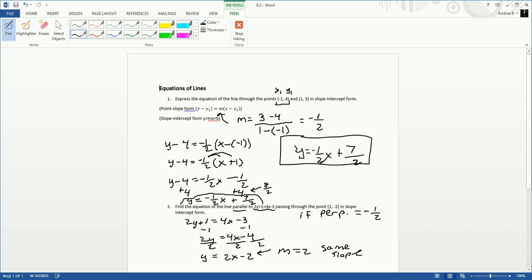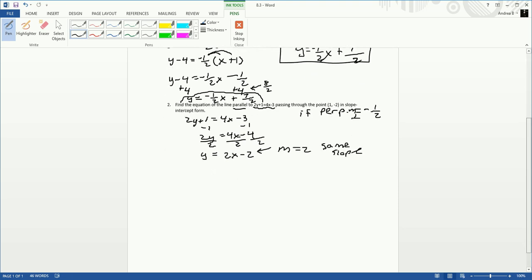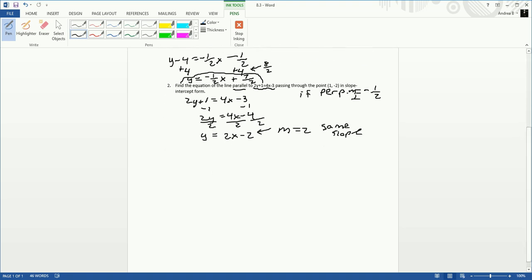So if it was perpendicular instead, you would have used a slope of negative 1/2. A lot of times you'll see a symbol of m with a little perpendicular symbol to mean that you're dealing with the slope of the perpendicular line instead of the original line. Some of the homework problems will have you do perpendicular, not always parallel.